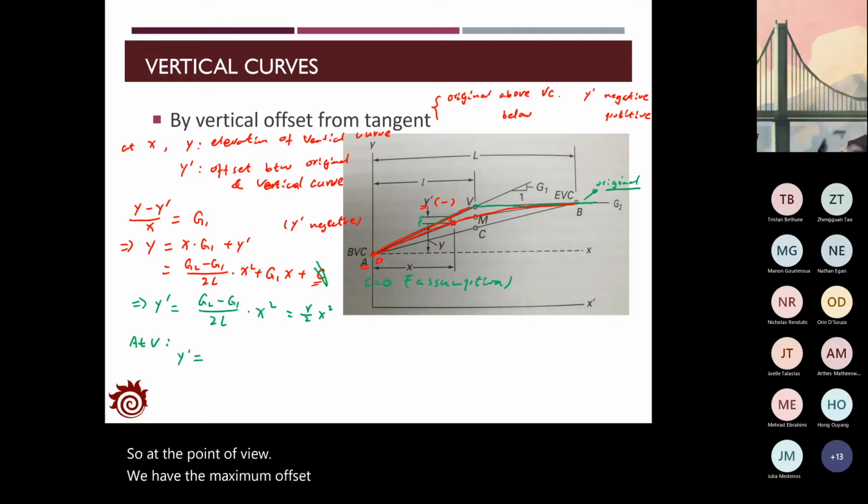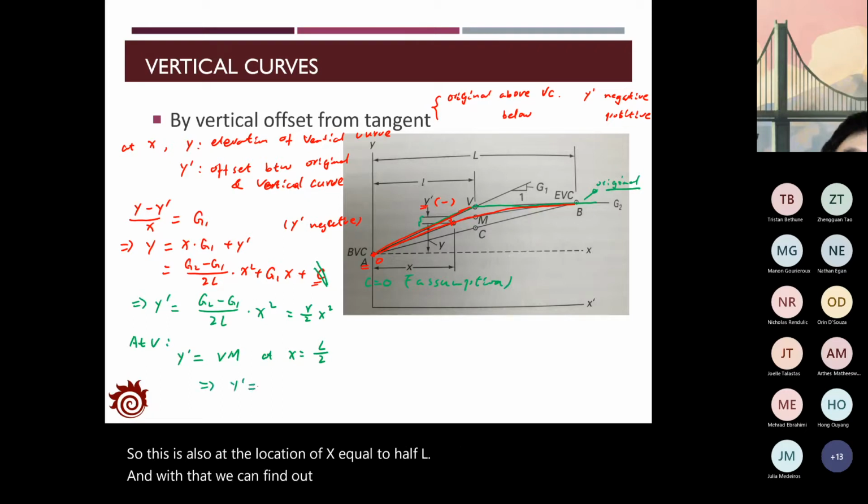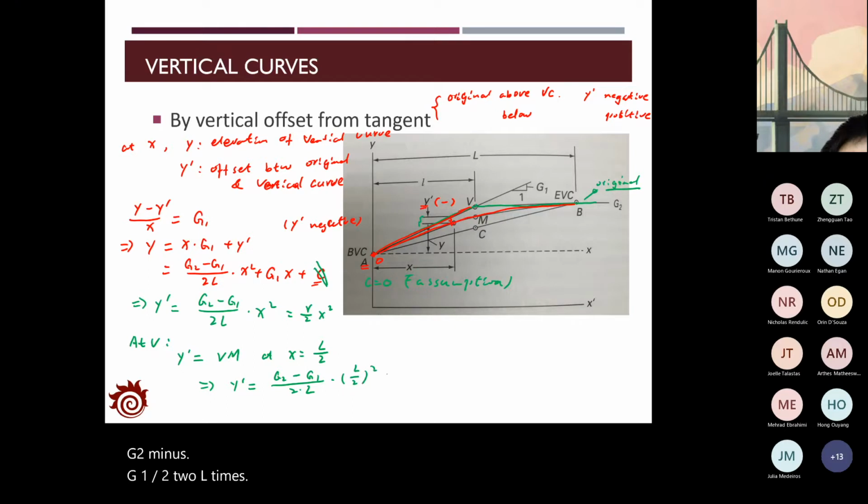So y prime will be the distance between V to M. This is also at the location of x equal to half L. And with that, we can find out the y prime as (G2 minus G1) divided by 2L times half L squared.